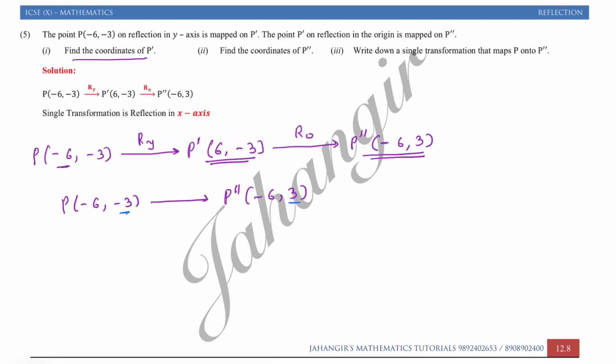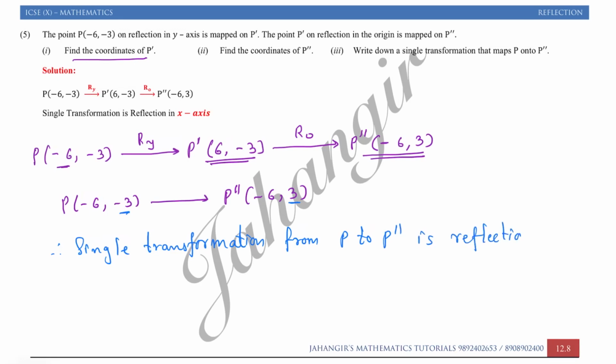The x coordinate is the same, so we can say the single transformation from P to P double dash is reflection in the x-axis, because in the x-axis only the y coordinate changes its sign, the x coordinate remains the same.